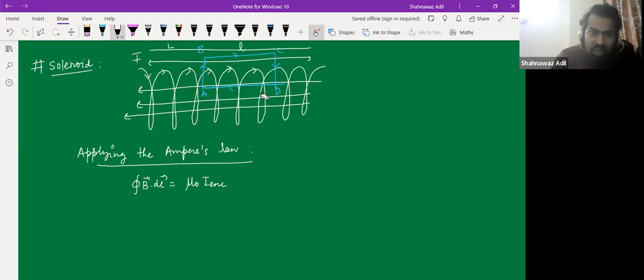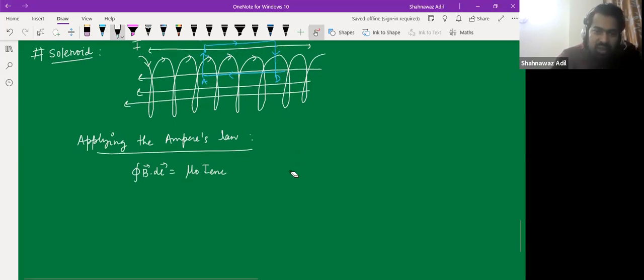So what would be the magnetic field here?